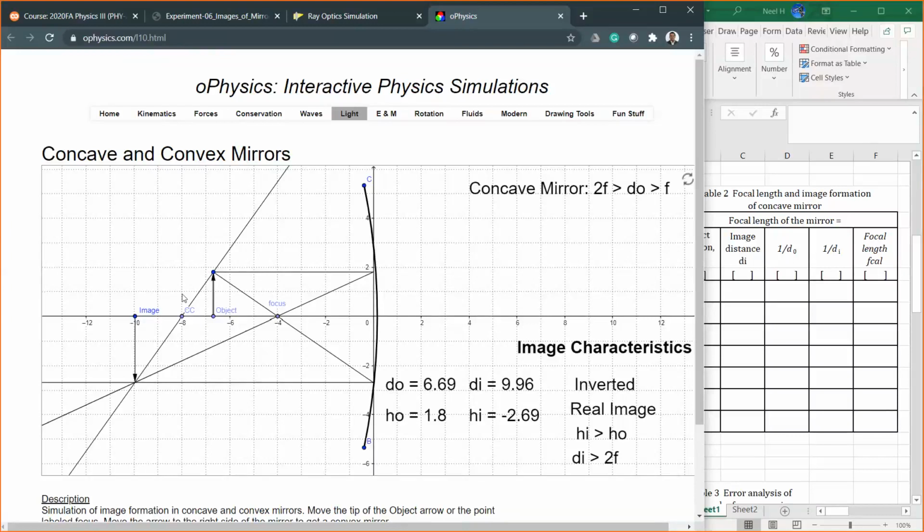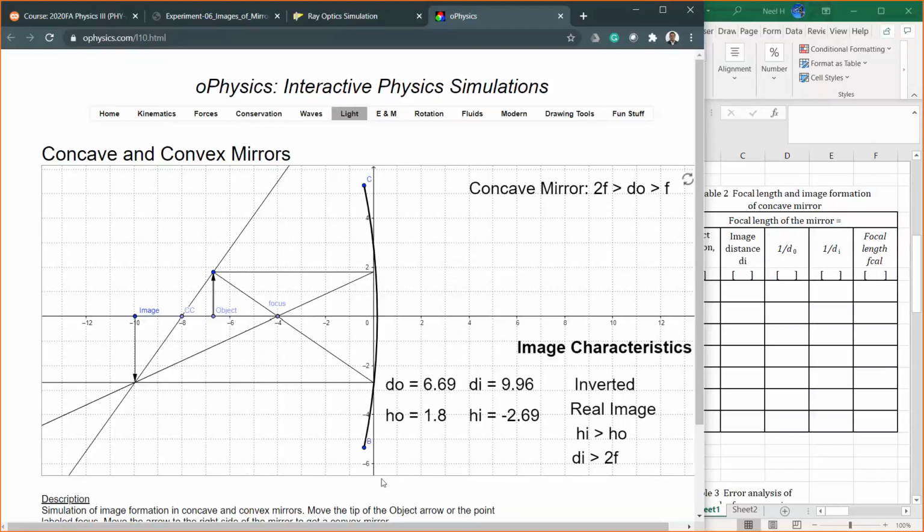Usually, how we do this, a couple of things. This main horizontal line with these numbers is, again, the principal axis, right? The principal axis passes through the vertex point of the mirror, the center point of the mirror. It divides the mirror into two segments, up and down. And this mirror is part of a sphere, right?